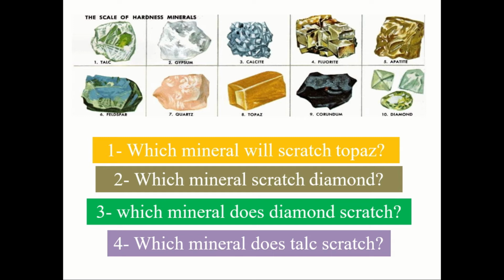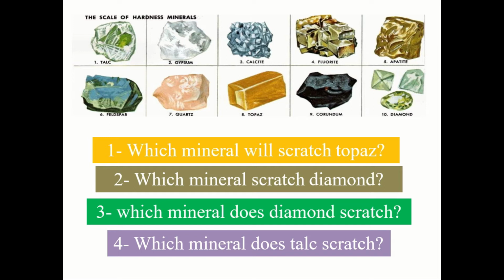Okay, so number 2. Which mineral scratches diamond? As I mentioned a while ago, diamond can scratch all the minerals. So which mineral out of this 1 to 10 scale can scratch our diamond? The answer is itself. Of course, diamond can scratch itself.